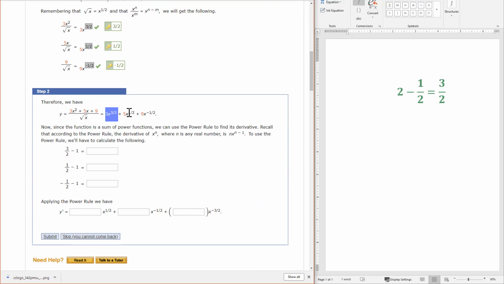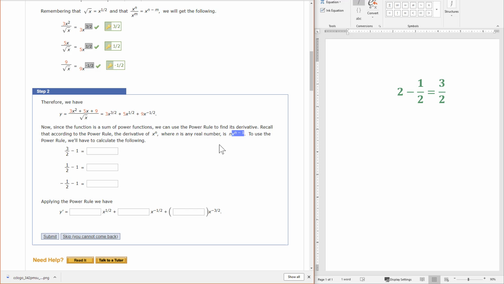So now that we have our quotient written as a sum of power functions, we're going to do our derivative. So we're going to use the power rule. The derivative of x to the n, where n is any real number, is equal to n, so the power goes down, and then we have x to the n minus 1 power.